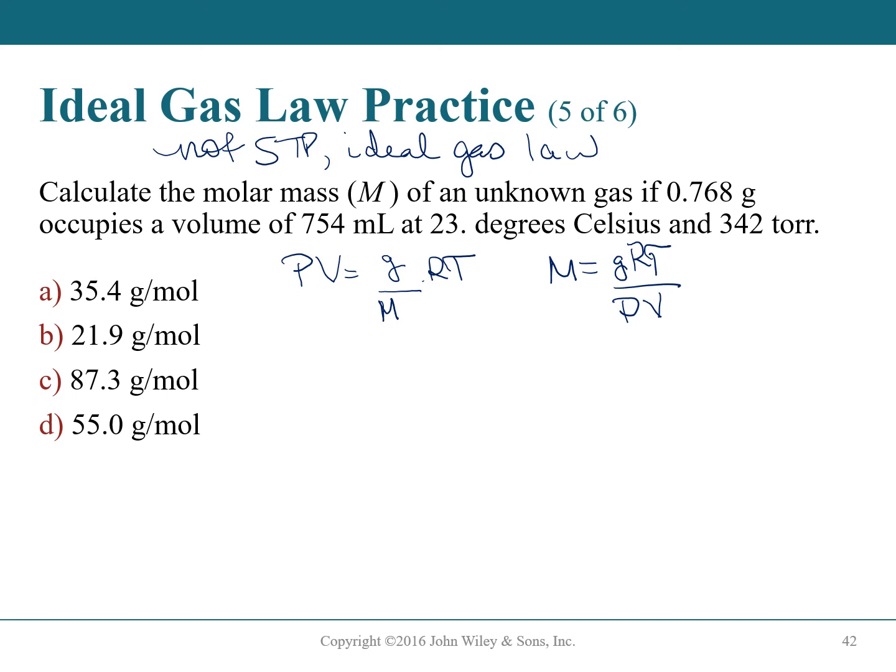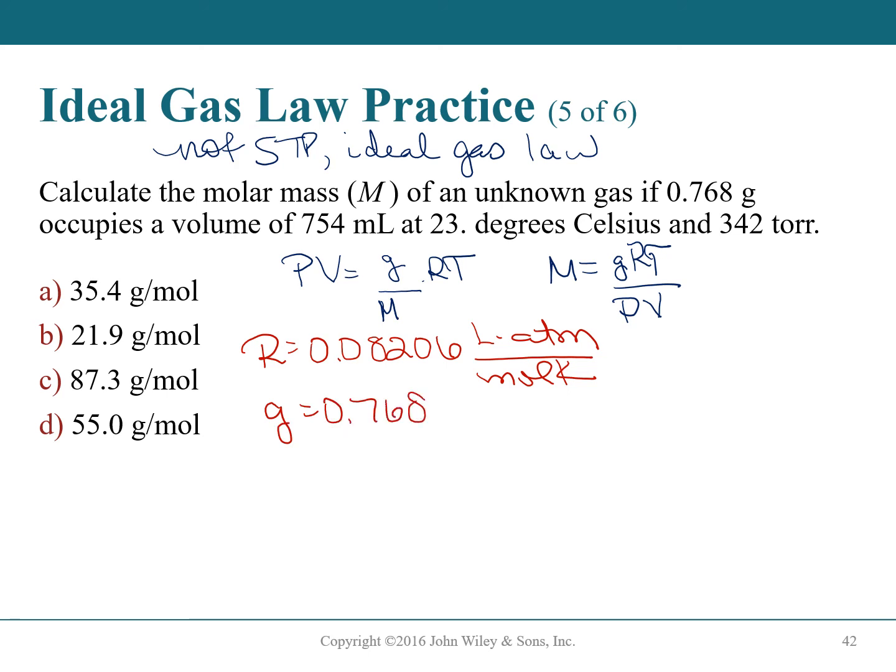Because we know R is going to be in 0.08206 liter atmospheres per mole Kelvin, we have to make sure that all our units match. So G is our 0.768 grams. T is equal to 23 degrees Celsius.